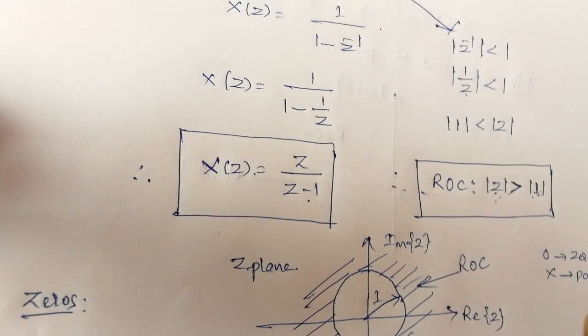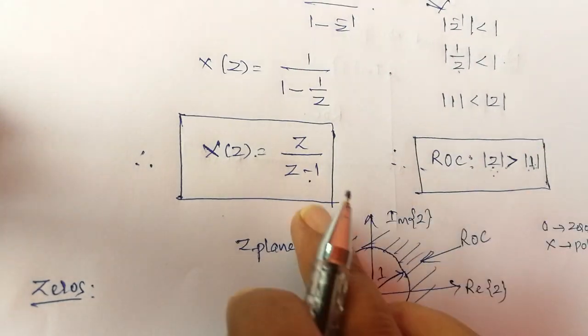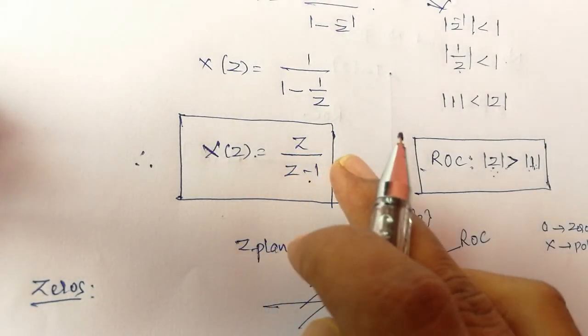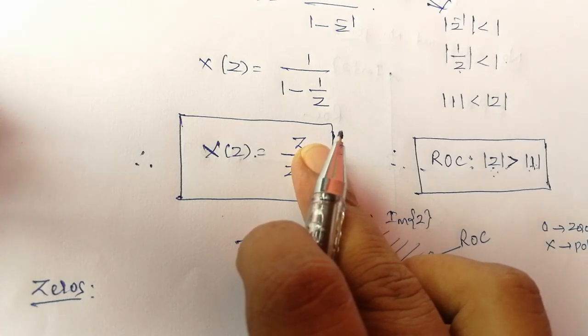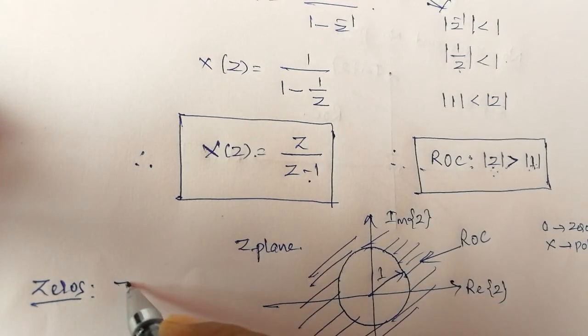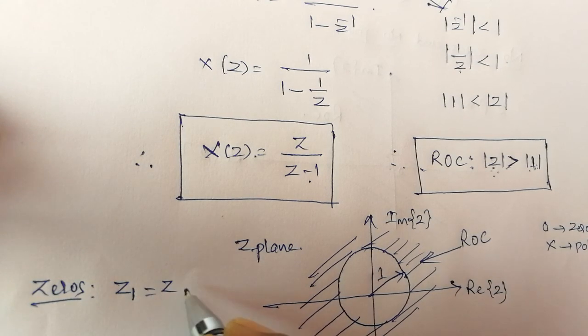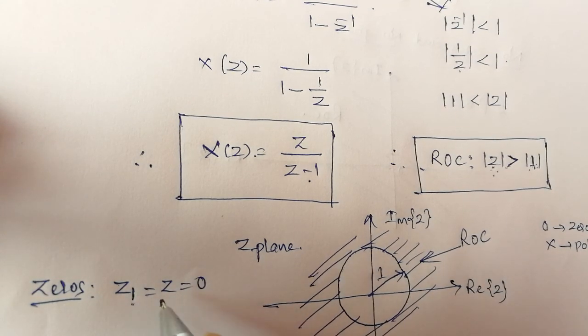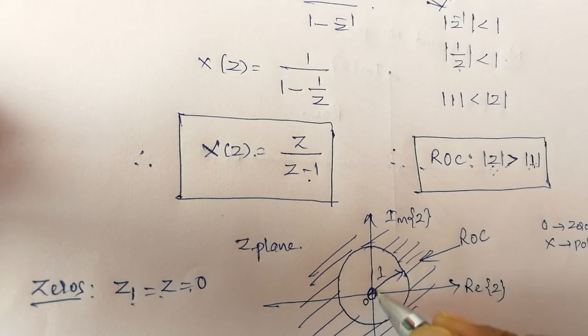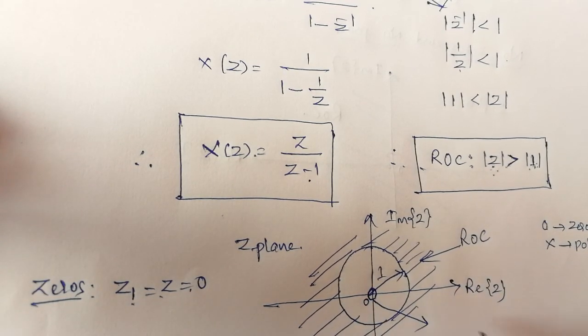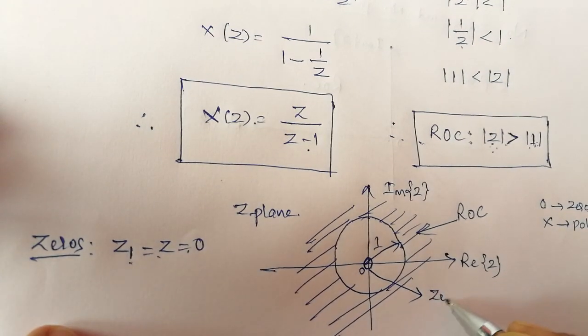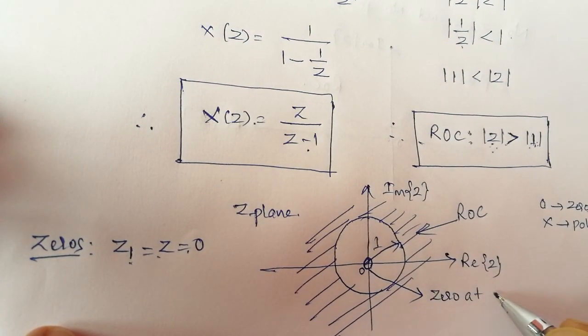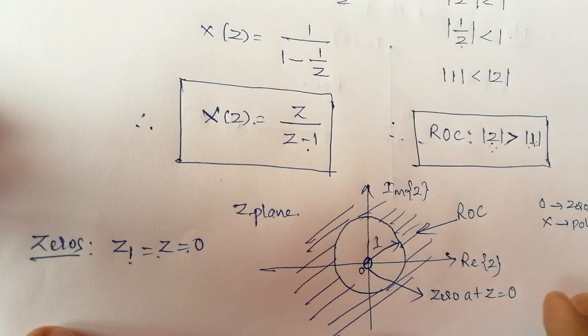First I will calculate the zeros. Equate the numerator polynomial to 0. Only one term is there, so one zero is present at z equals 0, that is, at the origin.